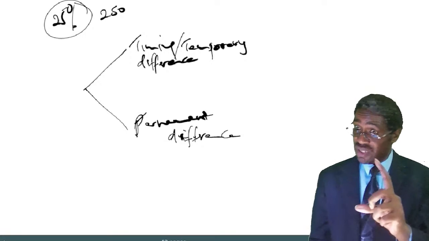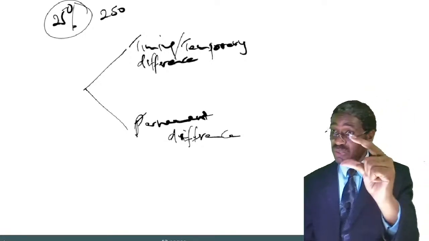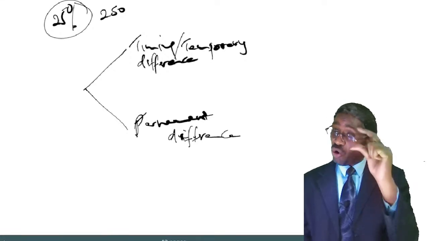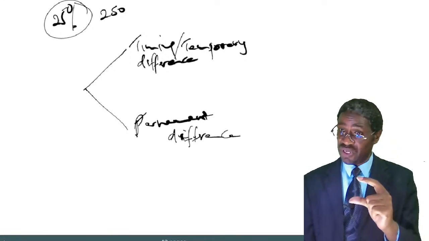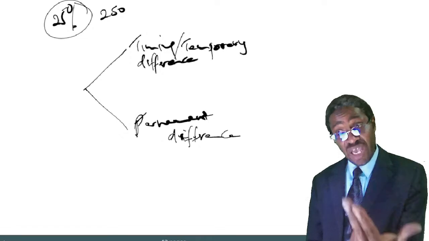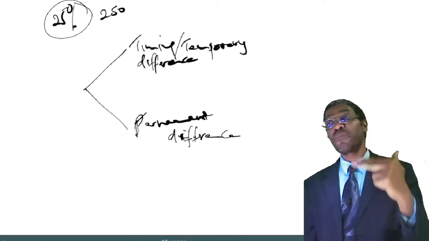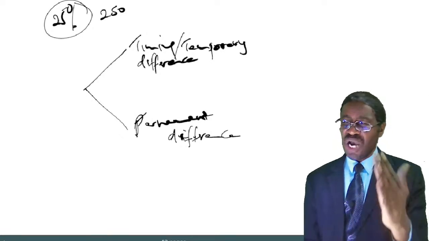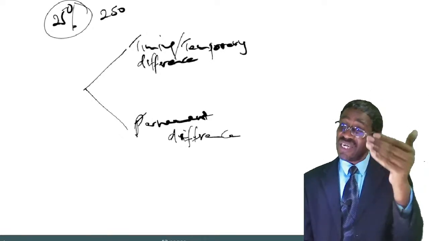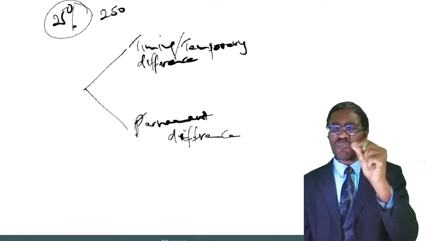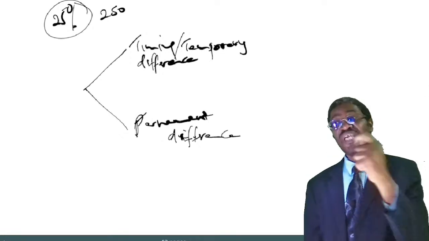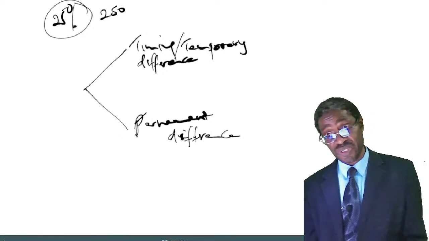So we are saying, why is the accounting profit different from the taxable profit? The cause of why the two profits differ is either because of the timing difference or the permanent difference. I've told you timing differences are those items that appear in the income statement in a period different from the period in which they will be recognized for tax purposes.